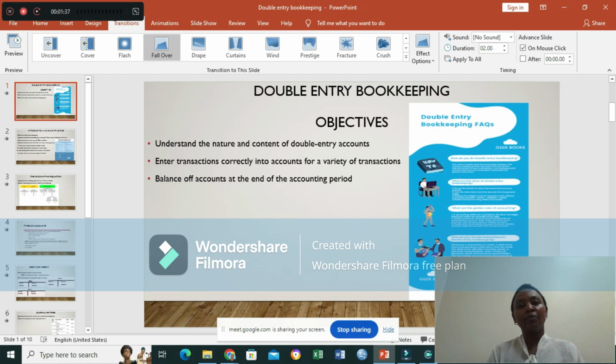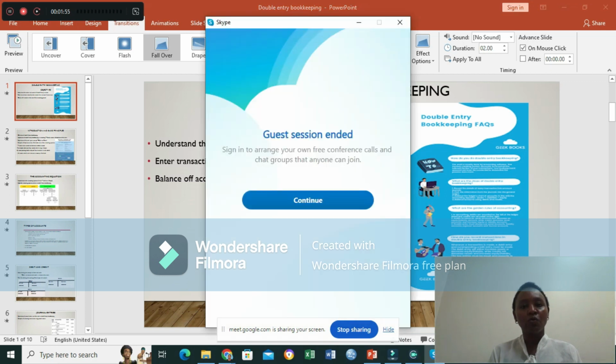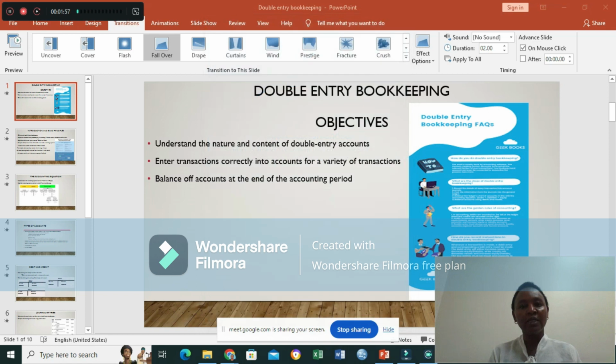So today we are going to talk about double entry bookkeeping. I don't know whether any of you has ever heard about double entry bookkeeping, but that is what we are actually going to do. We normally do it in our day-to-day lives without our knowledge, but today we are going to learn how to do it in books, other than just doing it without our understanding or knowledge.